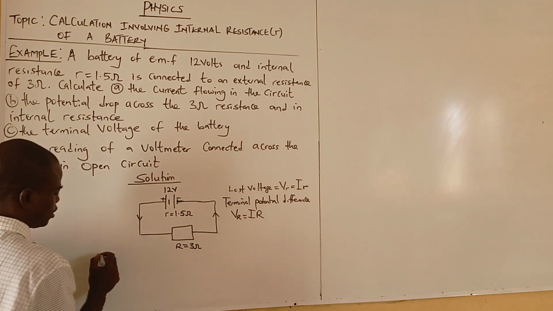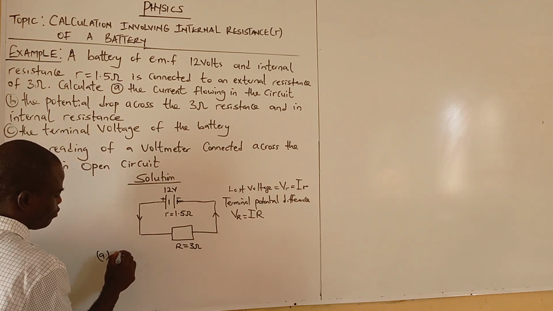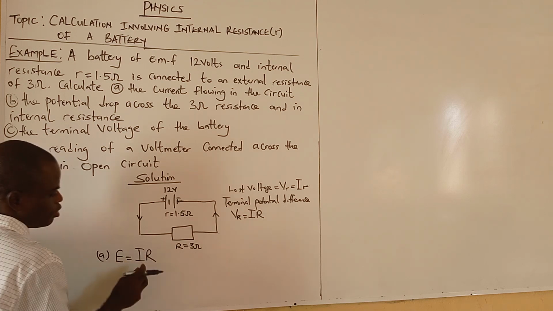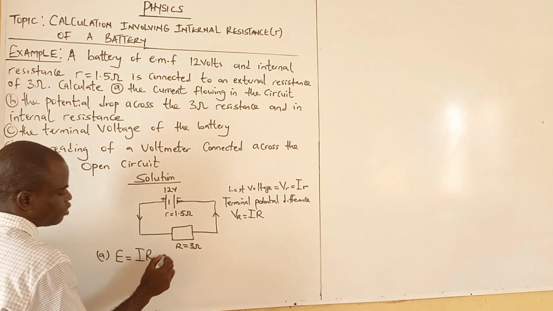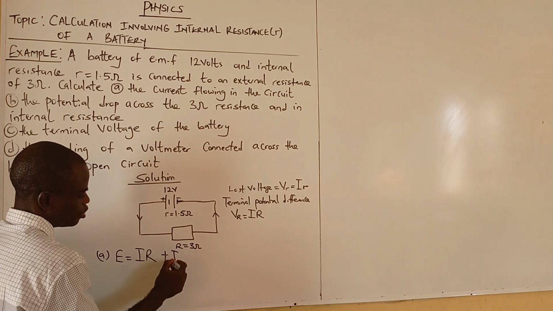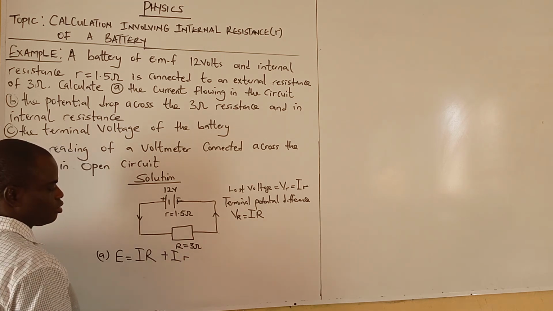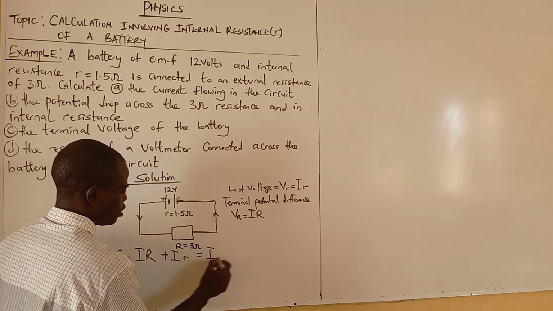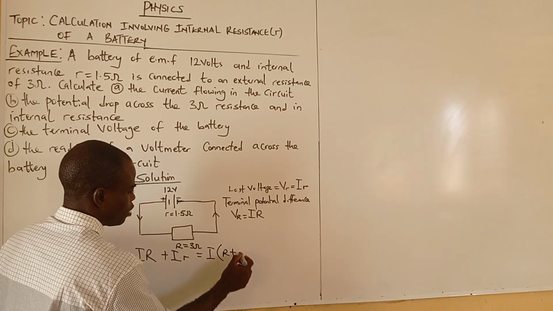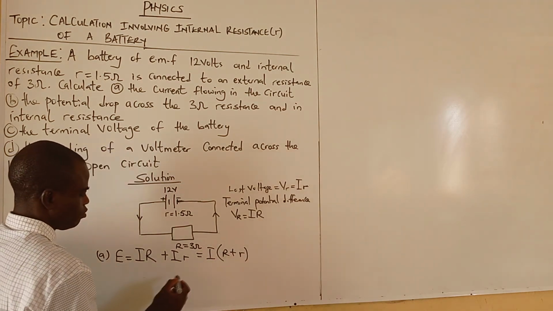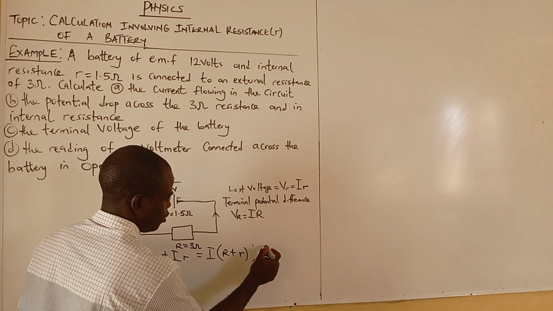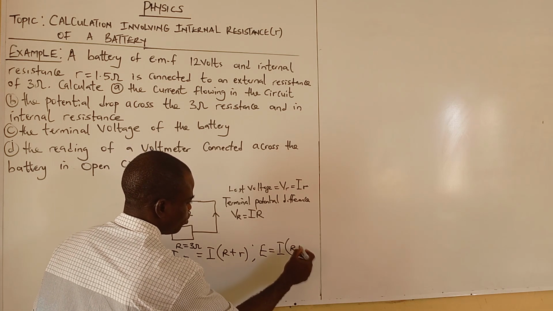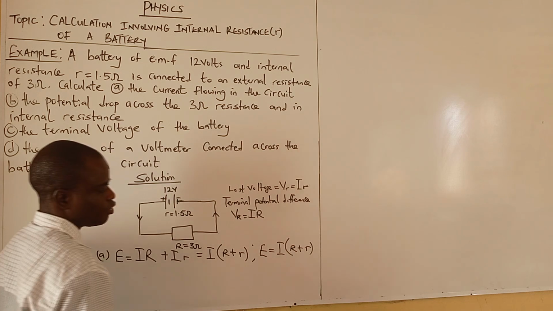And don't forget that our EMF equals the terminal potential difference plus the lost voltage. What's common is the current, times capital R plus small letter r. You now have your E, which is the EMF, equals I into capital R plus small r. This is a very important formula.